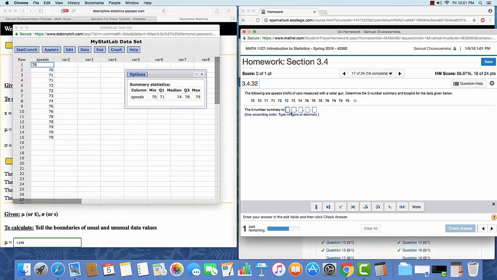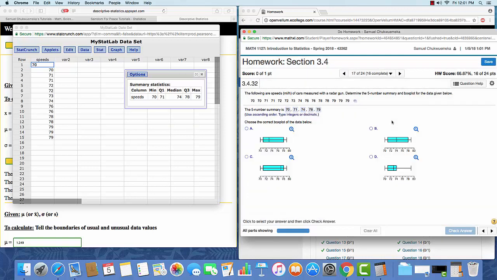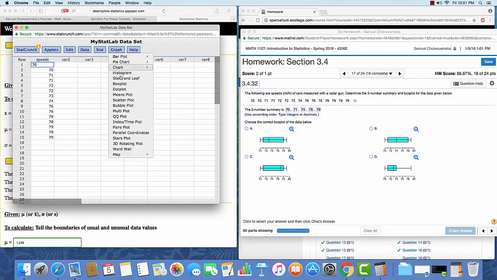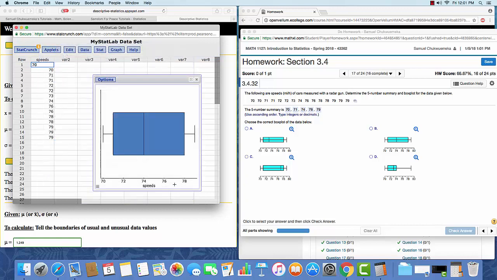So the 5-number summary of the data will be 70, 71, 74, 78, and then 79. Enter. What is the correct box plot? Graph, box plot, speeds, draw boxes horizontally, compute.